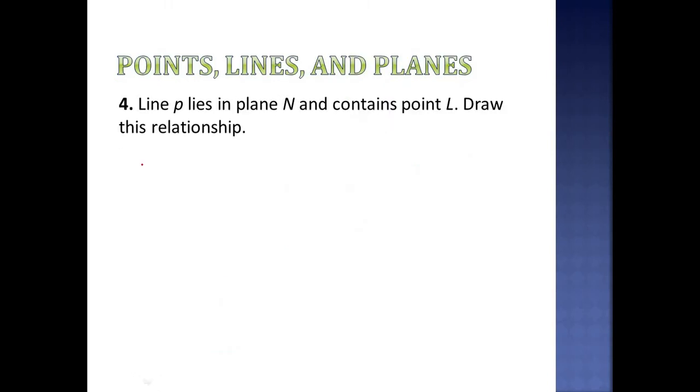All right. Fourth example, we have a statement here given to us, and we're asked to draw this relationship. This is an interesting thing. In geometry, you're going to be drawing things, constructing things, to help you visualize scenarios here. So line P lies in plane N. So we have a plane, and line P is on it. So let's draw that plane N. Okay. I'll draw it to the best of my ability here. So here's plane N. Again, not the greatest drawing.